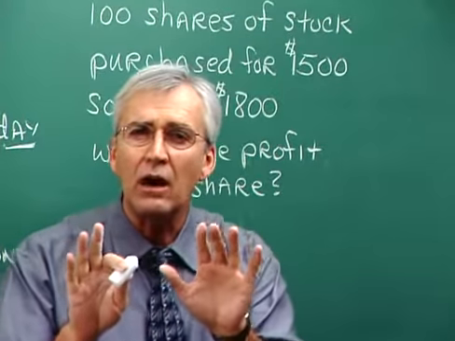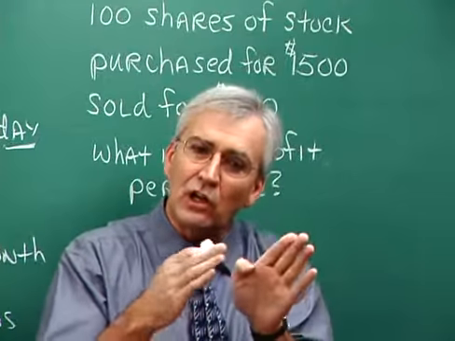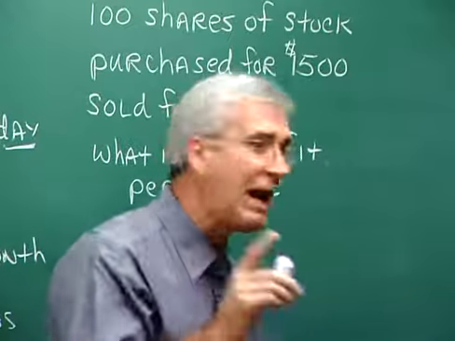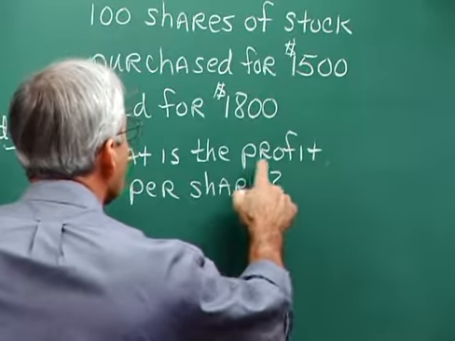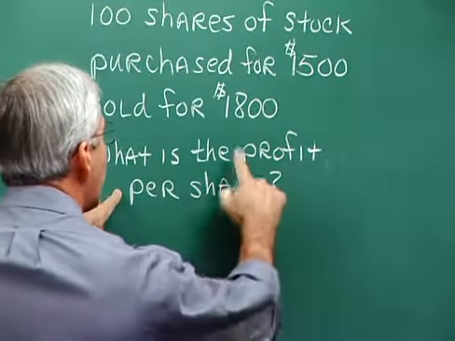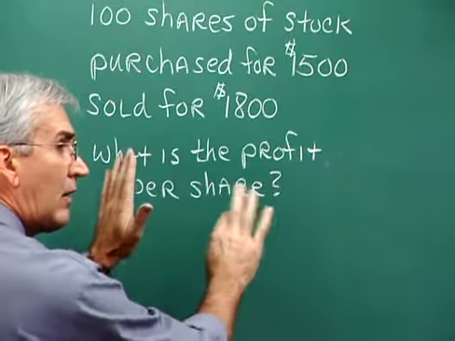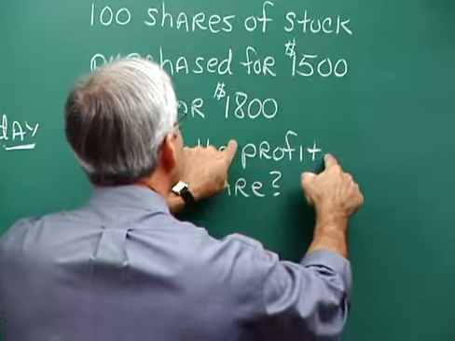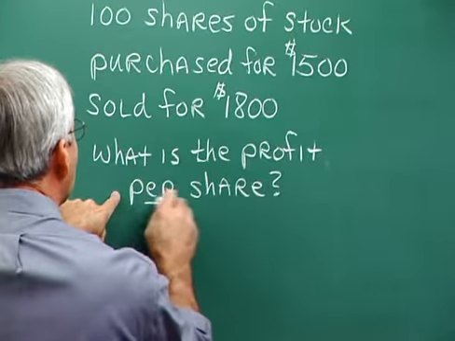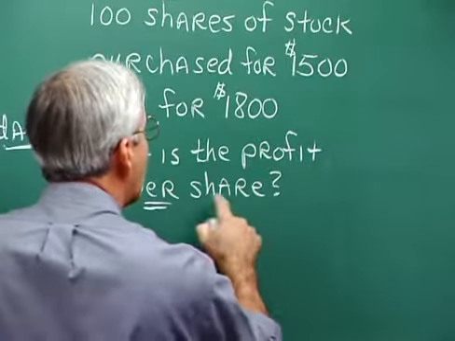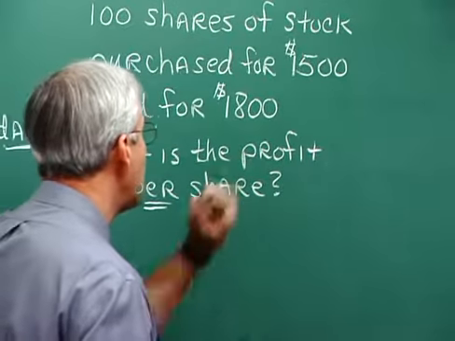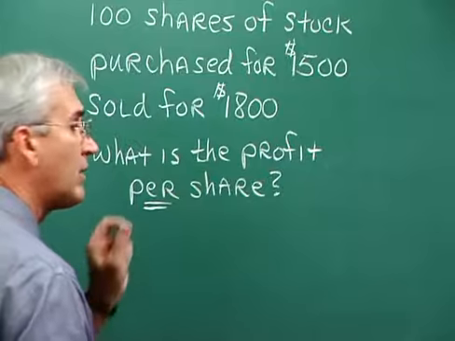So just think about, there's a clue here for what needs to be divided into what by virtue of this profit per share. This part of the problem is telling us how to go through the division process. It is take the amount of the profit and divide by the number of shares. Profit per share means take the profit number and divide by the number of shares.